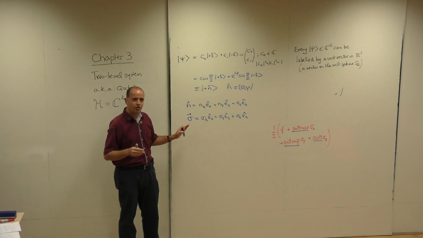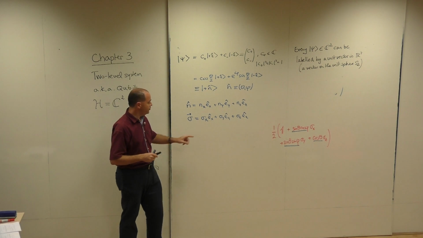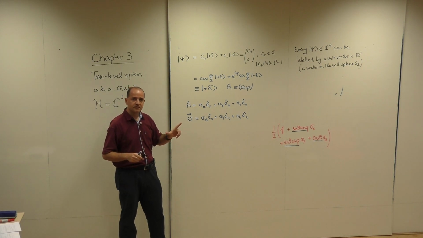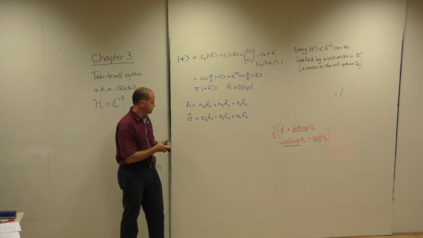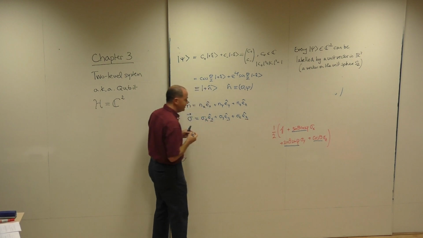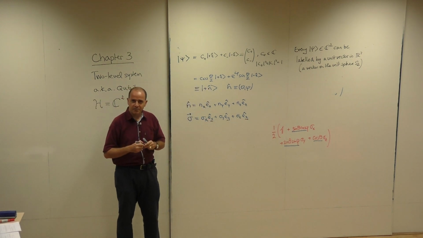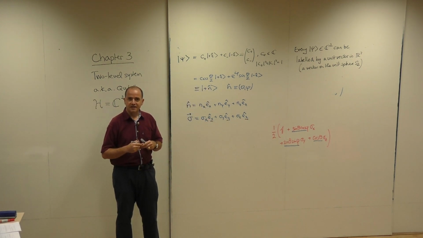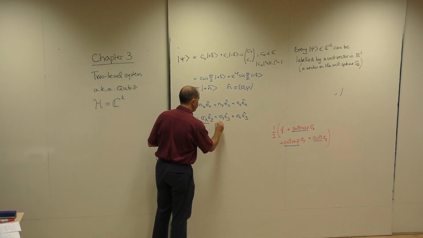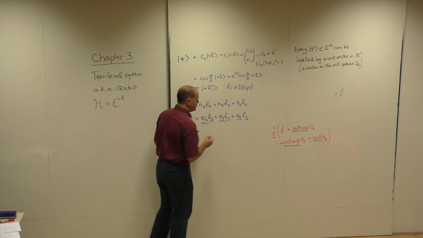Okay, this is a kind of messy object. From the point of view of the R3 space, it's a vector, right? This is a vector in R3. From the point of view of the Hilbert space, it's an operator, or at least the components of the vector are operators.